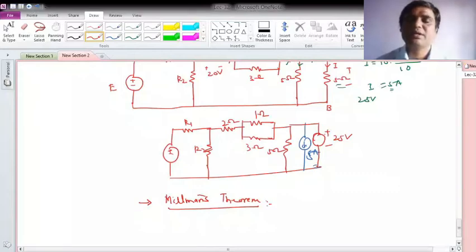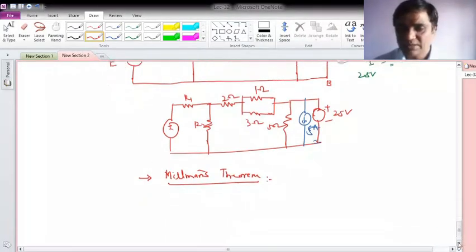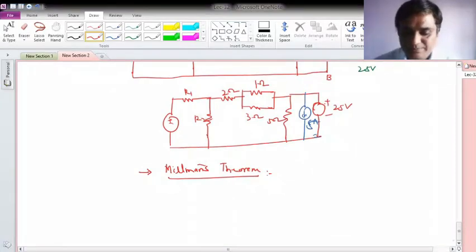That means, suppose I have a voltage source in series with resistance, or its impedance, and they are in parallel form. So Millman's theorem will be used to find its equivalent. I'll tell you how.